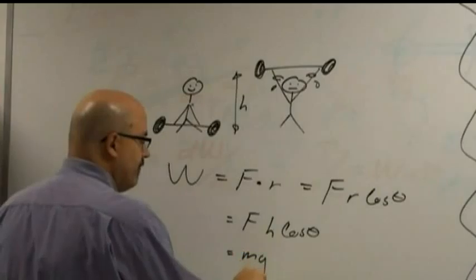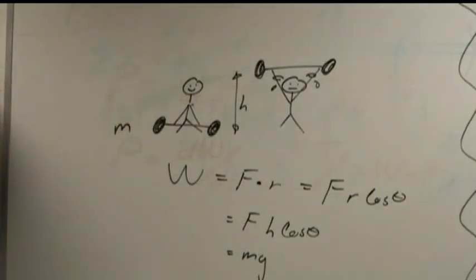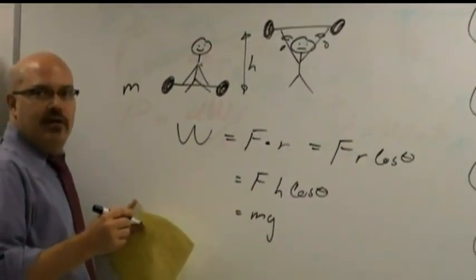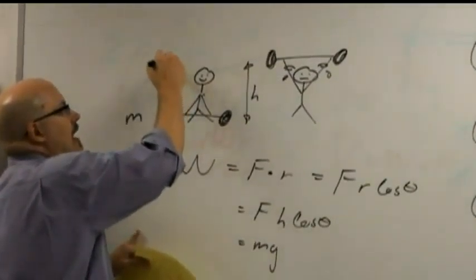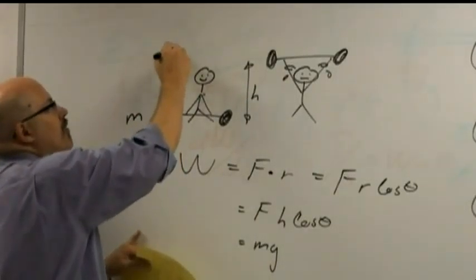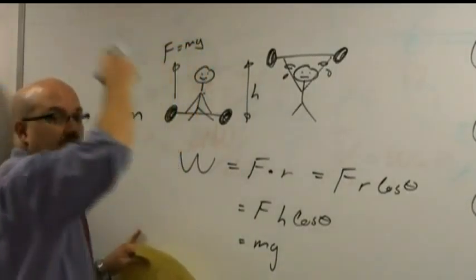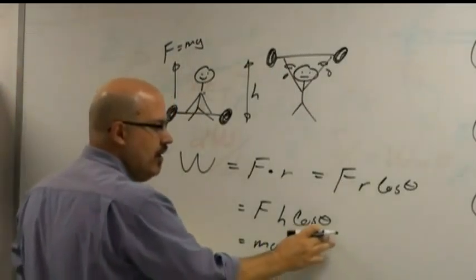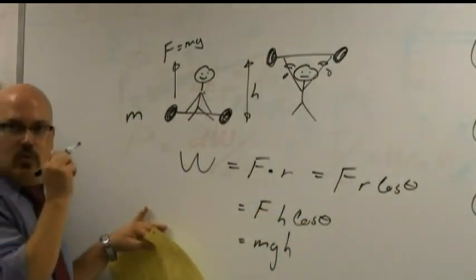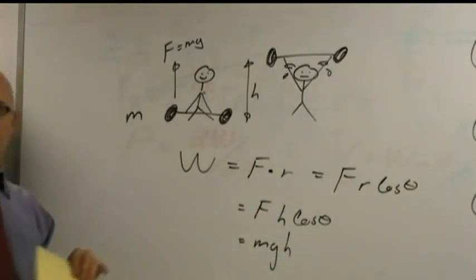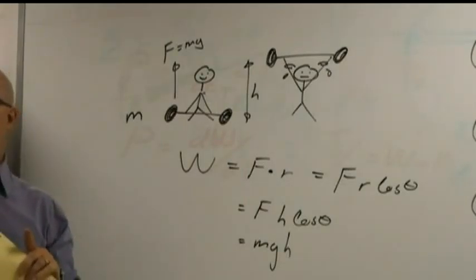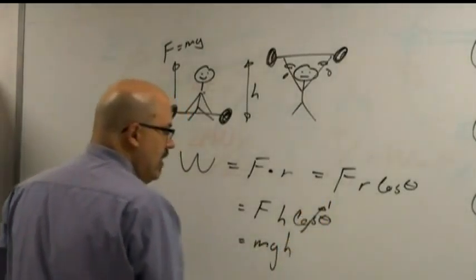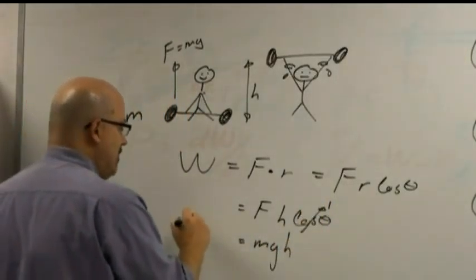A force of at least mg to lift the darn thing. Which way is the mg that you apply? Directly opposite gravity. You apply a force upward, equal to mg, and h is up. Cosine theta is 1, because you're moving it that way and applying your force that way, so cosine of 0 is 1. So you get mgh. This is the work done by you.